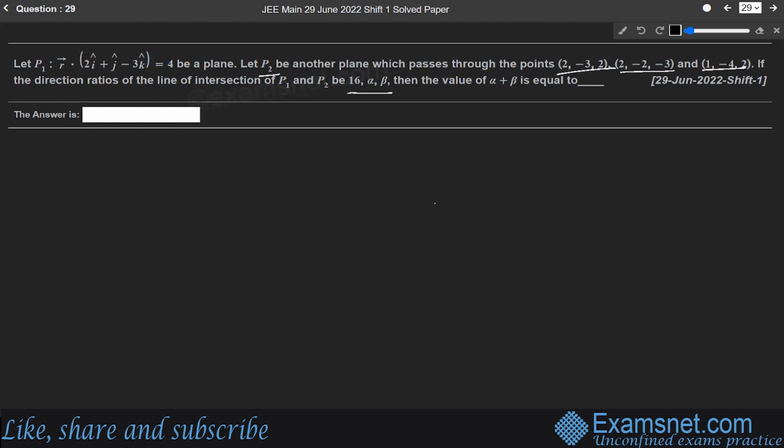Firstly, let us write the first plane. P1 is given as r vector dot product 2i plus j minus 3k, all right? So this is not the equation in the Cartesian form, okay? So we have to convert this equation into Cartesian equation. So we know that r vector is equal to x i cap plus y j cap plus z k cap.